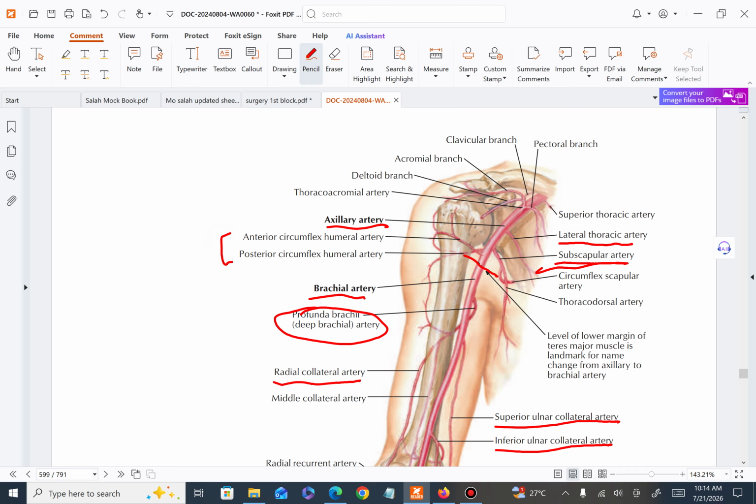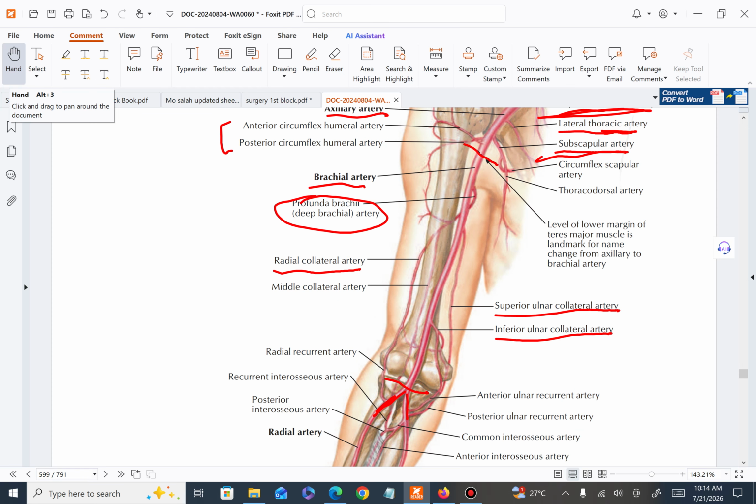The lateral thoracic artery comes from the second part of the axillary artery. The thoracoacromial artery also comes from the second part, and it gives A, P, C, D: acromial branch, pectoral branch, clavicular branch, and deltoid branch. Then the superior thoracic artery is the branch from the first part of the axillary artery. So this is about the axillary and brachial artery.